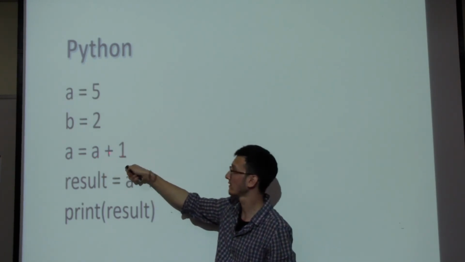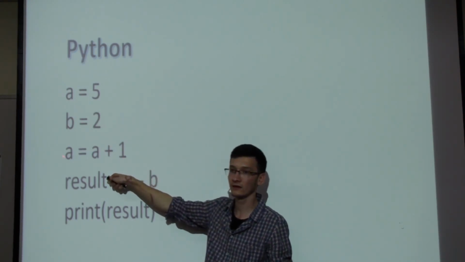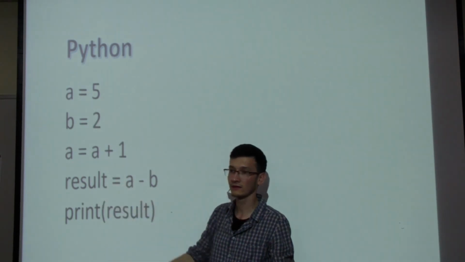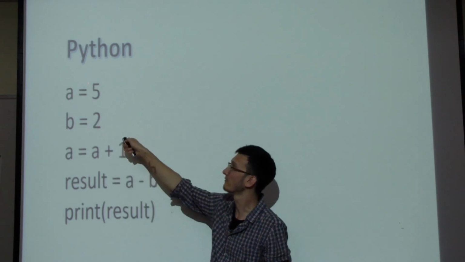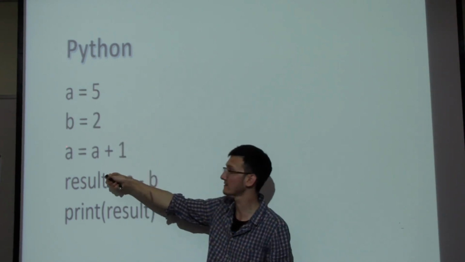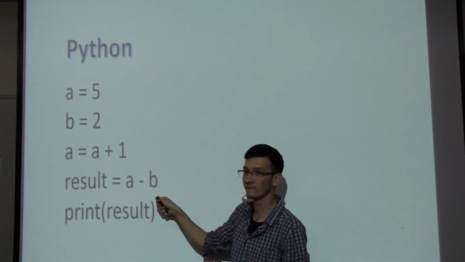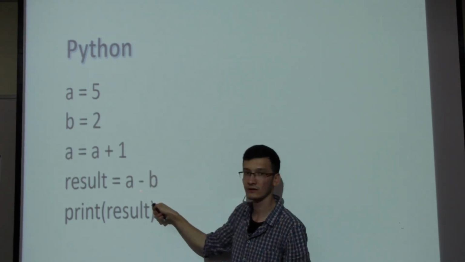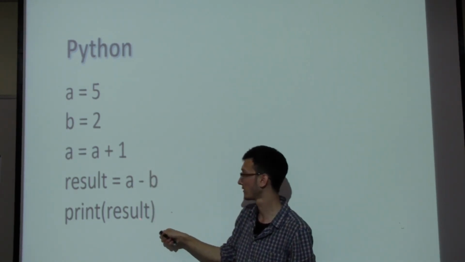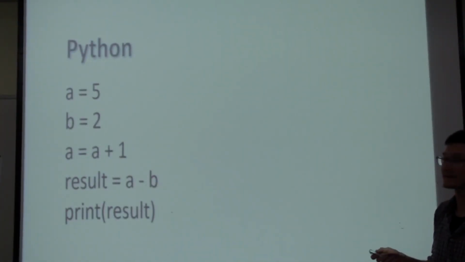A is 5, 5 plus 1 is 6. 6 goes into the memory of A. Now we have a new value. 5 will be deleted. We will have the new value 6 here. And the result is A minus B. A is 6 minus B is 2. 6 minus 2 is 4.